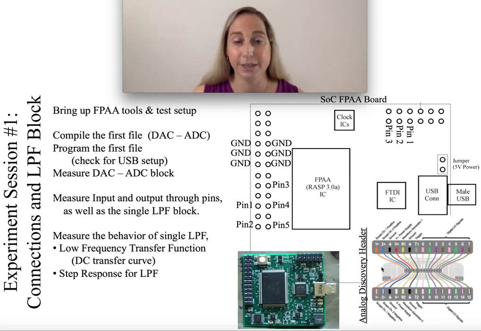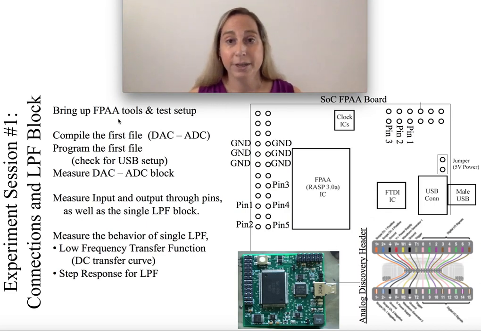So then the question becomes, all right, what kind of things do we want to do? Well, one of the first things you want to be able to do is bring up your FPAA tools. Make sure that you've downloaded the tools. Make sure that you put any additional communication or hardware patches in that are required. Make sure that you can actually bring up the tools and that they are operating.